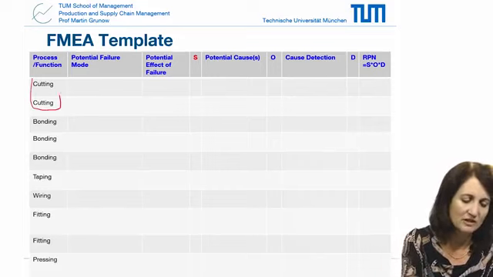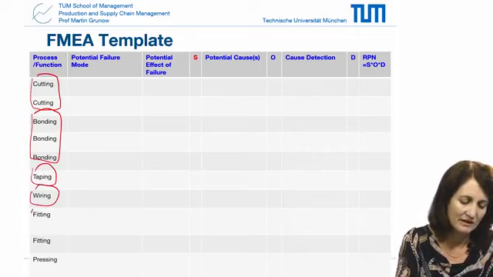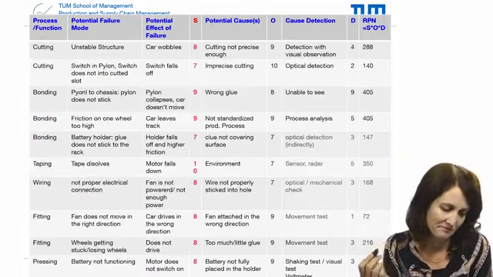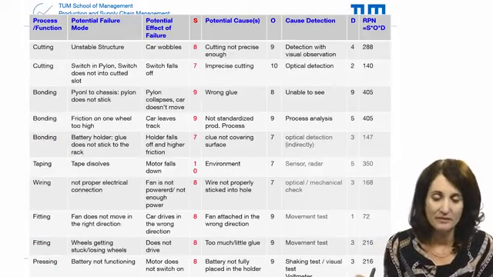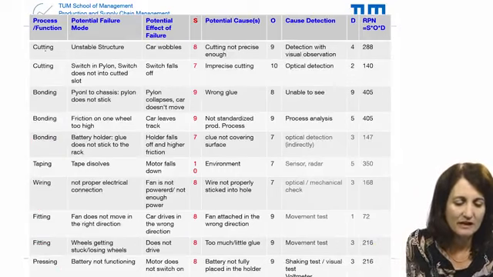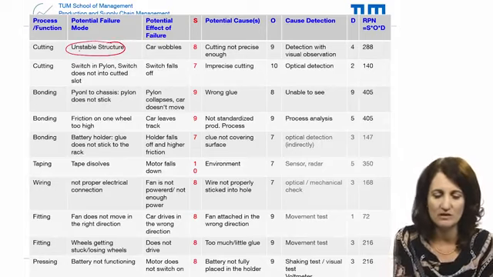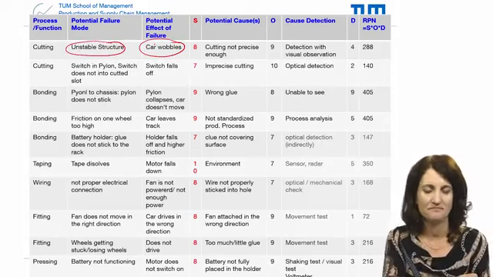We've got a process function: cutting, bonding, taping, wiring, fitting, and pressing. Potential failure mode. So this is a very big table here, but for example, for cutting, the structure could be unstable because you've cut wrong. The car would wobble.